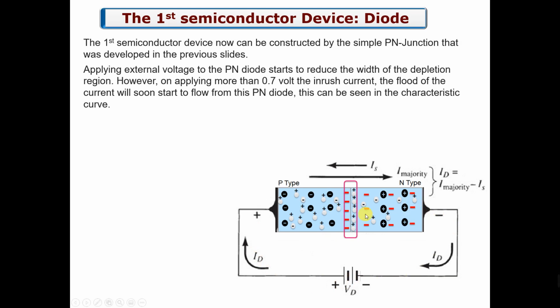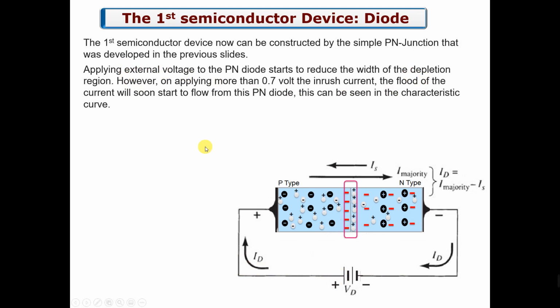So we can say that the diode is in the forward bias region. Applying external voltage to the PN diode starts to reduce the width of the depletion region. So we will start from 0 volt, 0.1 volt, 0.2 volt. As we increase the voltage, the depletion layer will reduce.